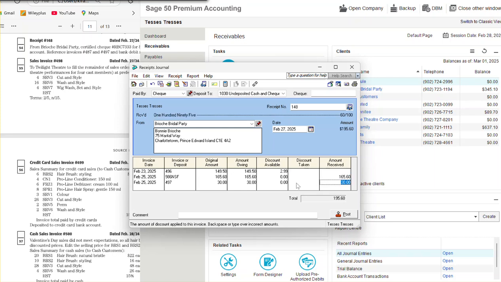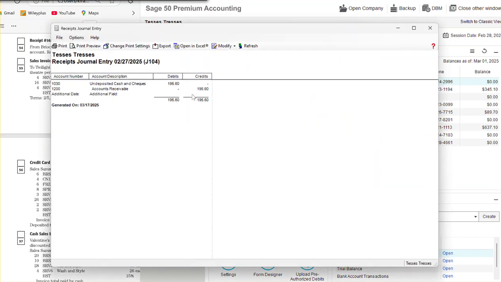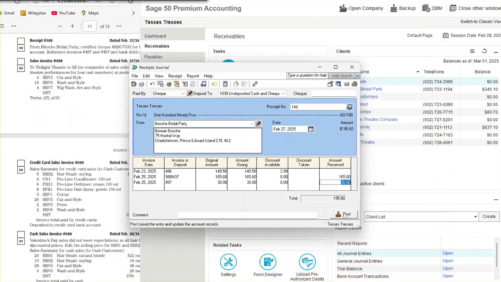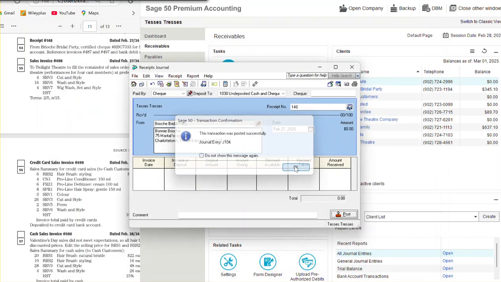So the amount is $195. Your display, the transaction should look like that. We are good to go. Let's close it, and I will post this transaction. We're okay.